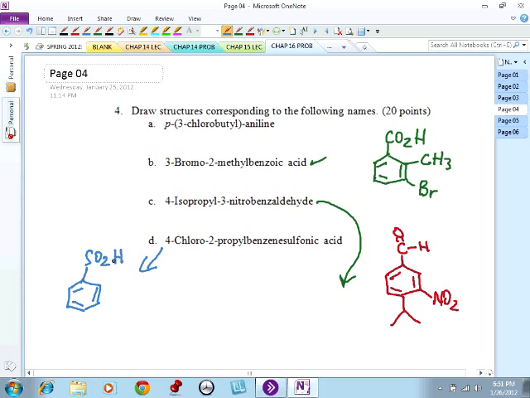That's benzene sulfonic acid. We have 4-chloro, 2-propyl, okay? And so I think all of you should find nomenclature fairly easy to do.